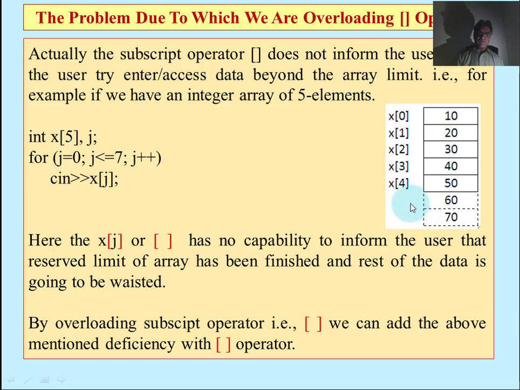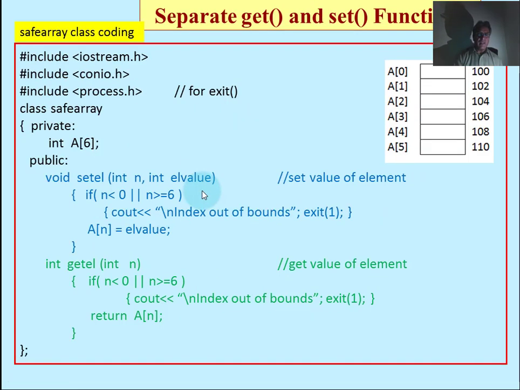For index 5 and 6, this array has no reserved memory, and our class will check that if the main program is generating the index 4, 5, 6, then it will show a message and inform the user that this index does not belong to the reserved memory of the array. You may see it here.